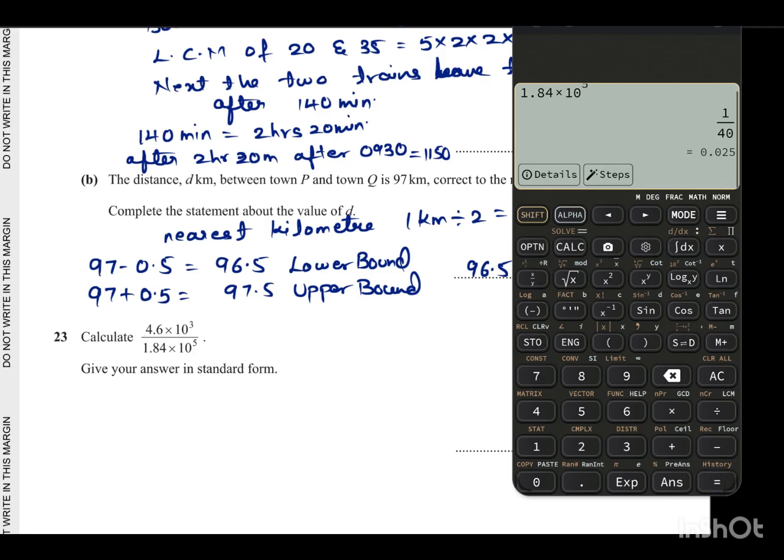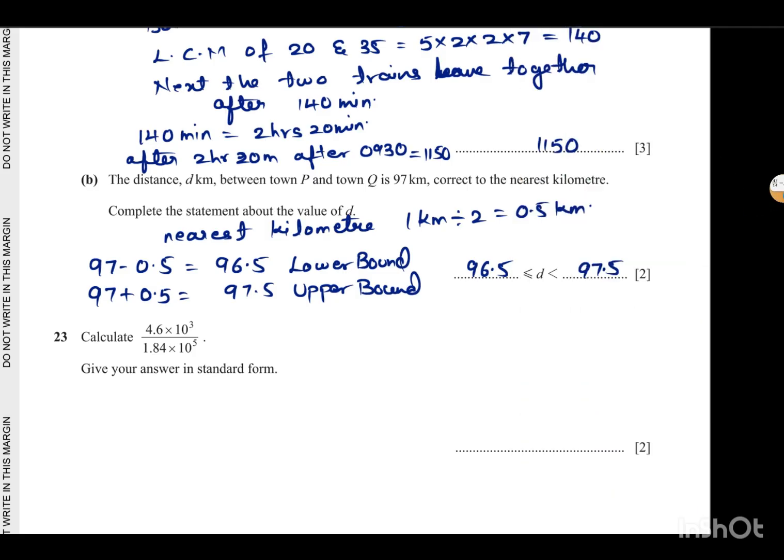You get 0.025. Writing this in standard form, the point needs to come after 2. So 1 digit, 2 digits. So 2.5 into 10 raised to negative 2.